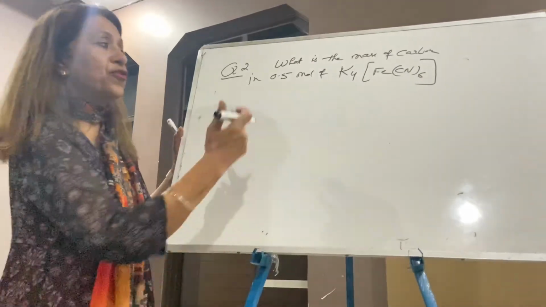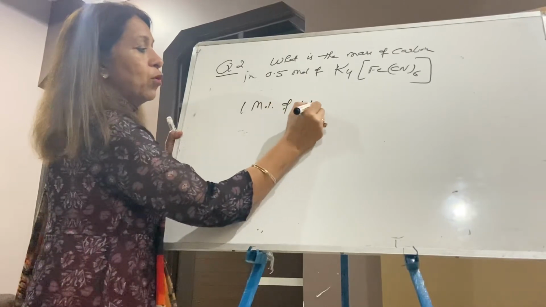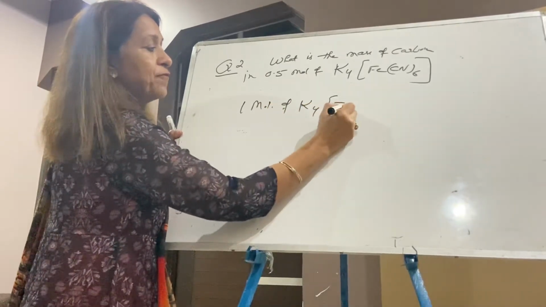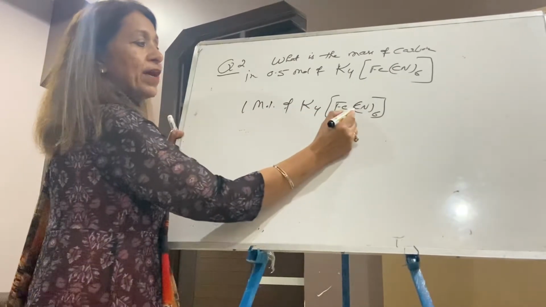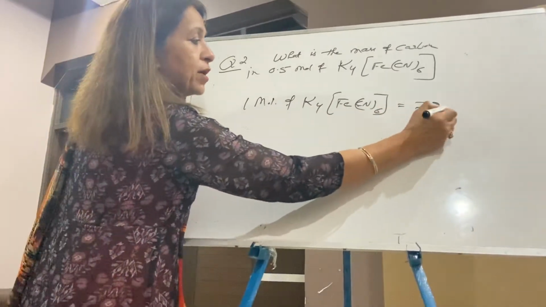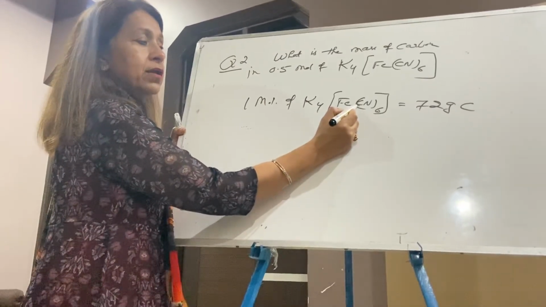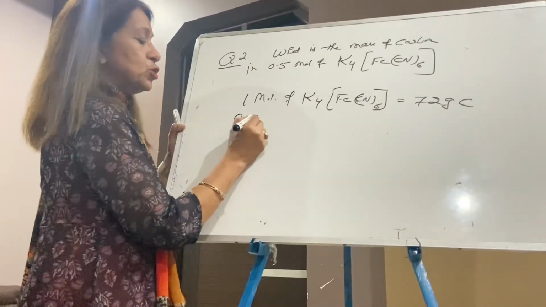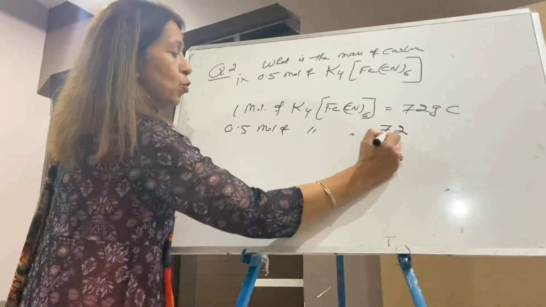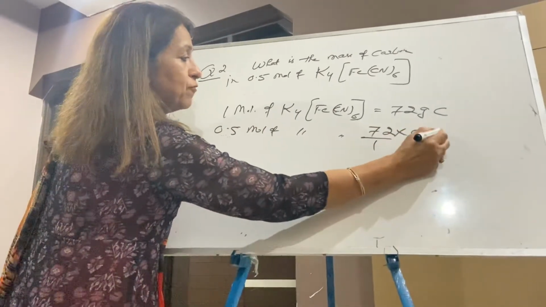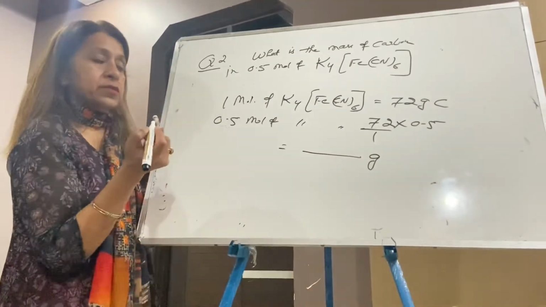You may apply the unitary method even. 1 mole of K4Fe(CN)6 has a mass of carbon 12 into 6, 72 gram carbon. You can check, 12 is the weight of carbon, and into 6. Then how much does 0.5 mole of this have? 72 by 1 into 0.5. So this comes as your mass of carbon in grams.